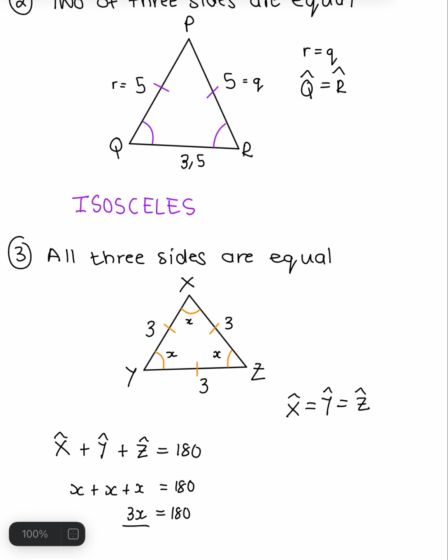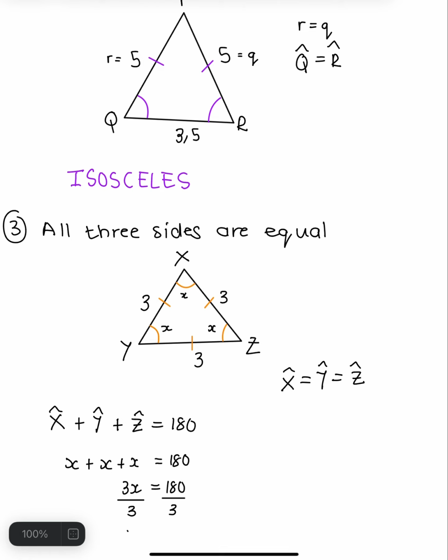To isolate X, we divide both sides by 3, and thus we get X is 60 degrees. That is an important fact: in a triangle where all three sides are equal to each other, all three of the angles are 60 degrees. This type of triangle is called an equilateral triangle.